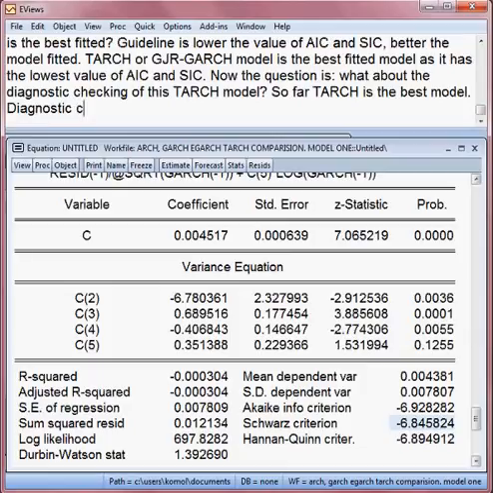Diagnostic checking of the TARCH model. Okay, so the first one we check, we estimate this.